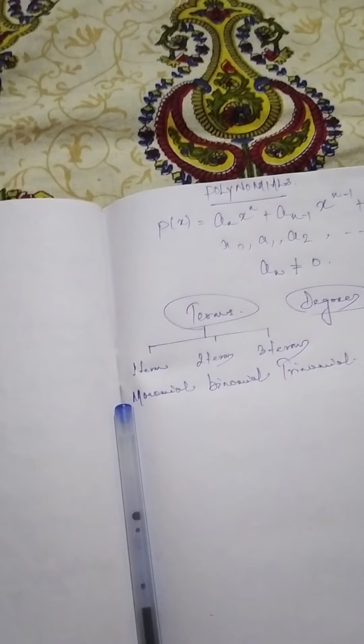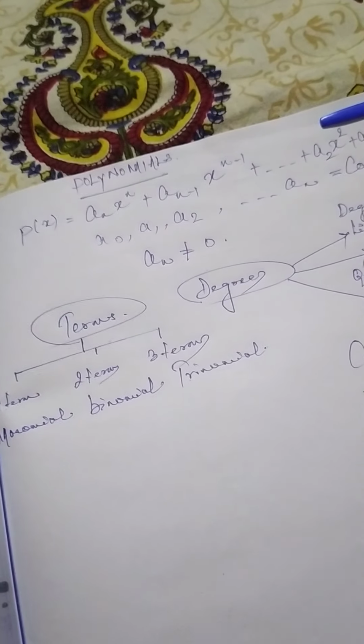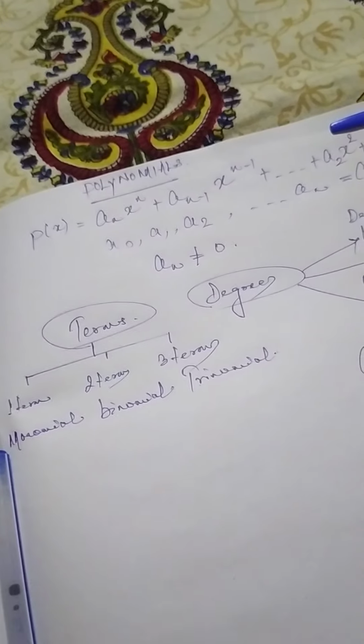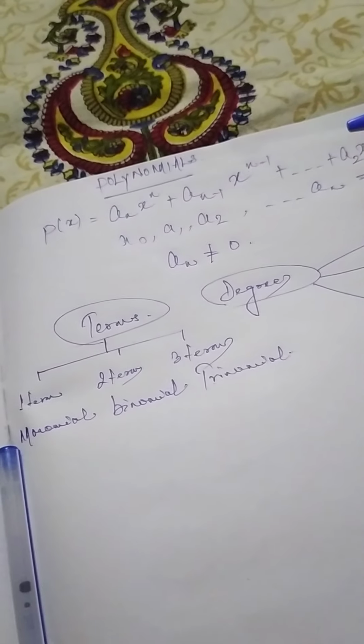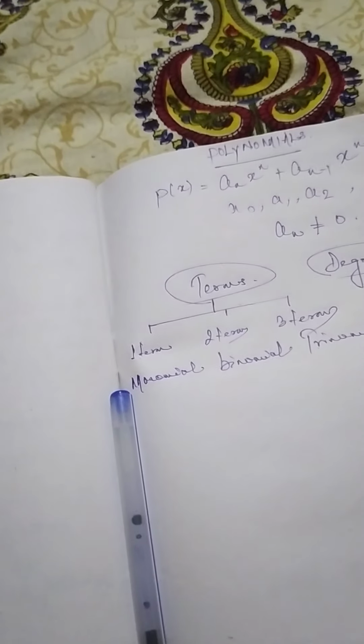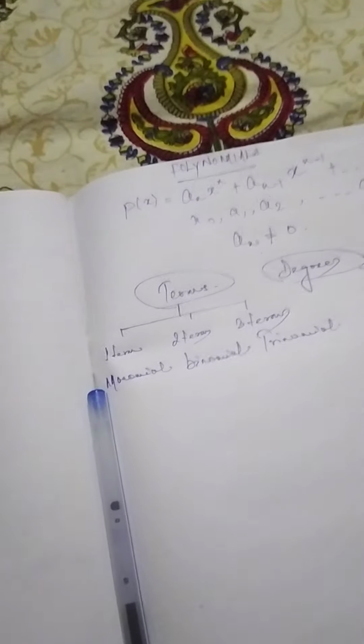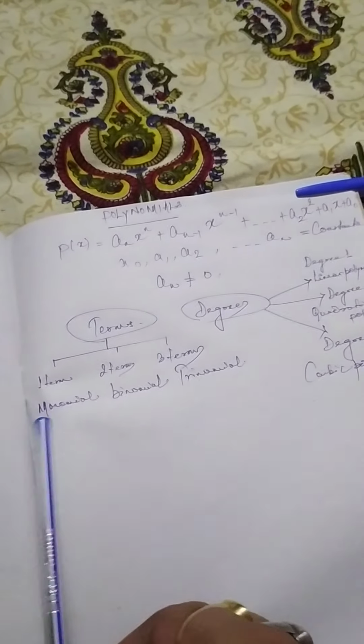So let's talk about how we consider polynomial as a vital portion in algebraic expressions, as we have studied algebraic expressions in the previous class, where we have seen addition, subtraction, multiplication, division. So now we talk about polynomials in different terms.